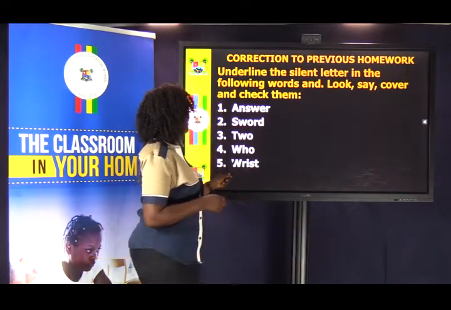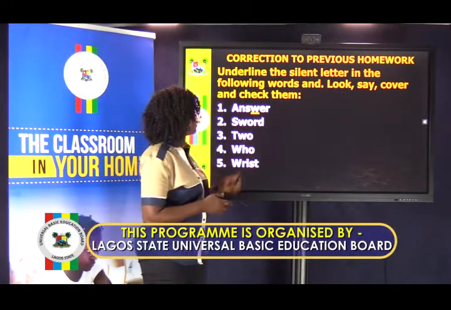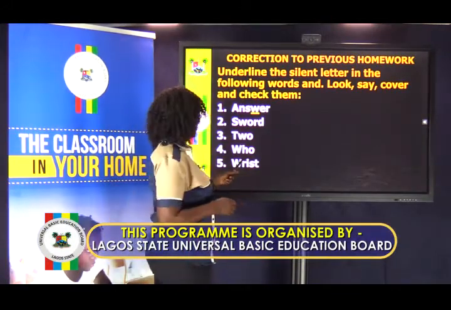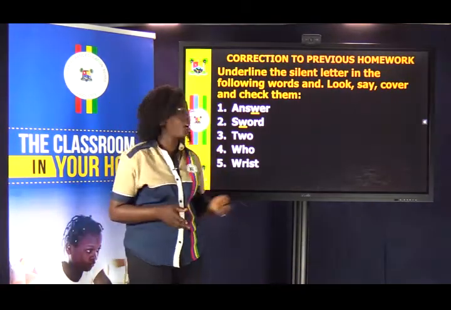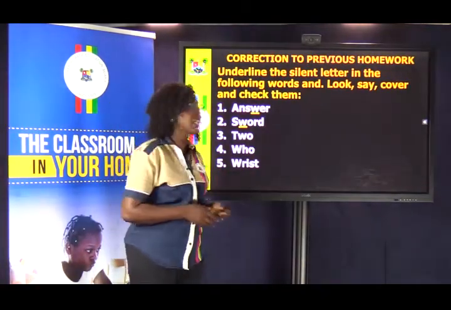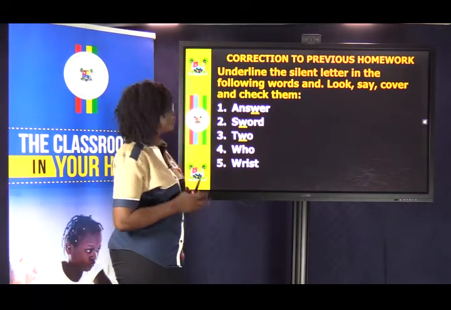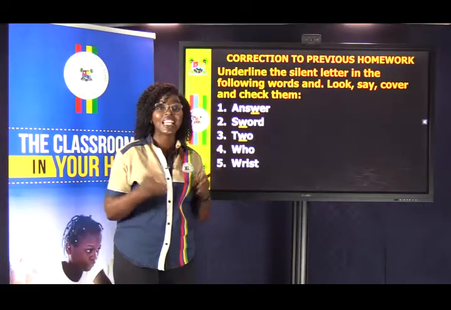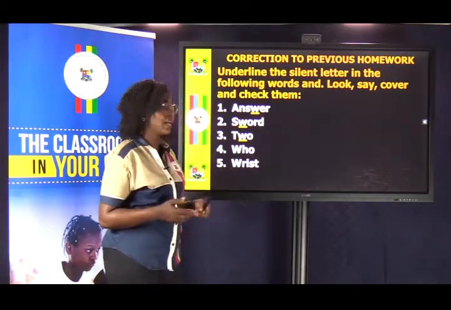So for the first word, it's answer, and W is the silent letter in it, okay? Another one, sword, and W also is silent, okay? For number 3, T, W, O, and W, of course, is also the silent letter in two, okay?